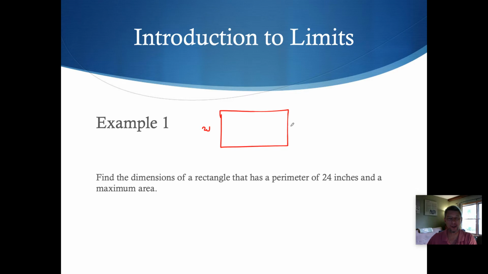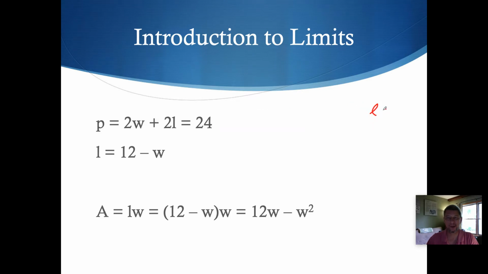It's got two sides that we call W for width and two that we call L for length. In this case, I know that the formula for perimeter is equal to 2 times W plus 2 times L, and in this particular example, that gives me 24.